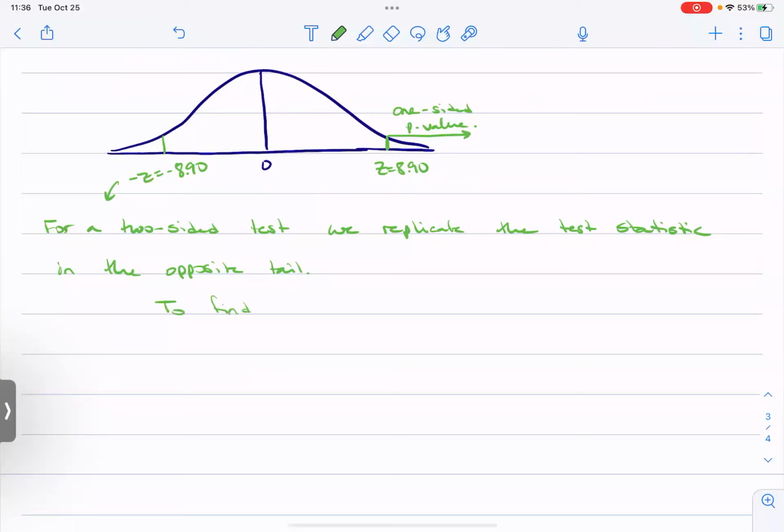To find the two-sided p-value, we take the one-sided p-value and multiply it by 2.